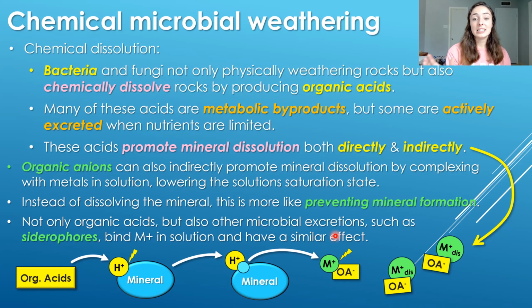And it's not only organic acids that can promote mineral dissolution in this way, but other microbial excretions such as siderophores, which I've talked about in the biosorption video as well, can bind metal cations in solution as well. And actually these siderophores are excreted by the microbe a little bit more on purpose than a lot of organic acids that are just byproducts. And siderophores actually refer to molecules that are specific to binding iron.